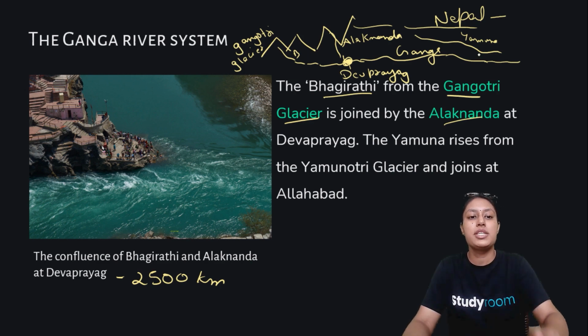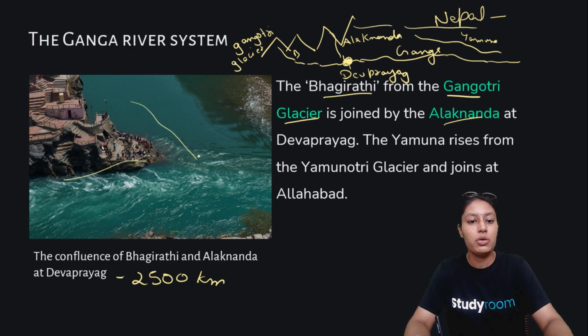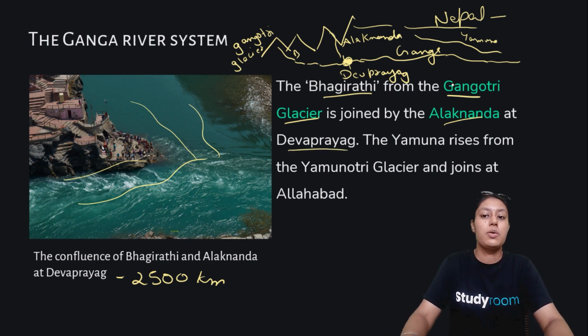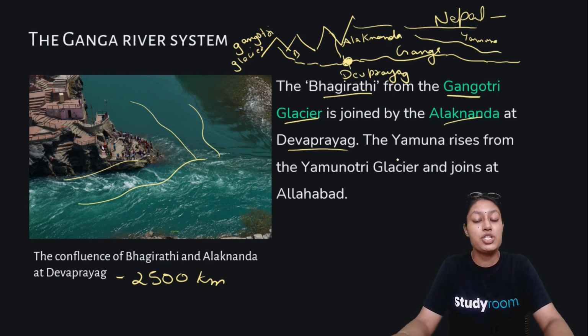So Ganga originates from two major tributaries, Bhagirathi and Alaknanda. As you can see in this picture, two rivers are coming and merge to form Ganga, and this area is called Dev Prayag. All right. The next important tributary of Ganga is Yamuna.